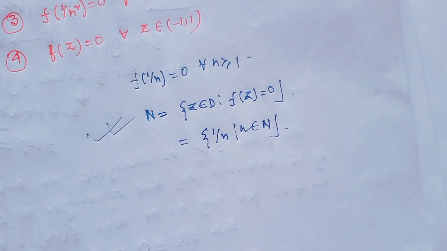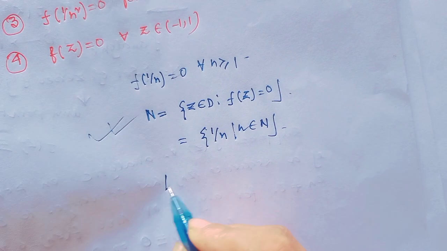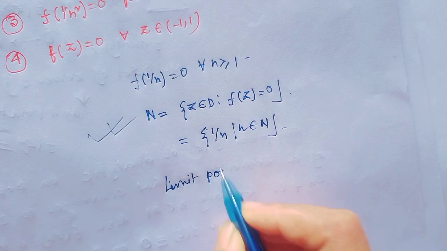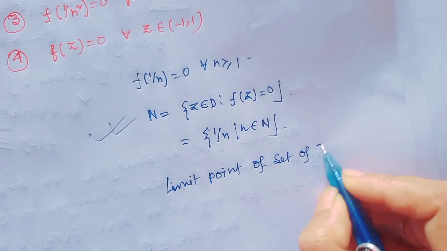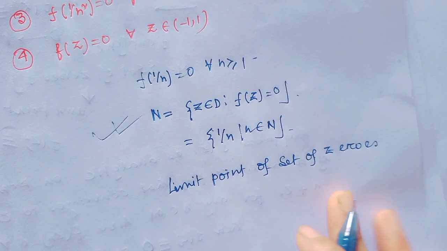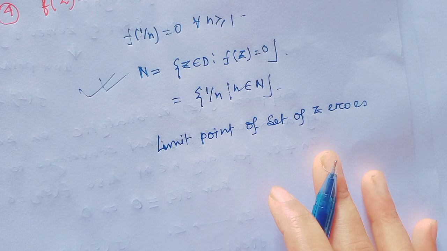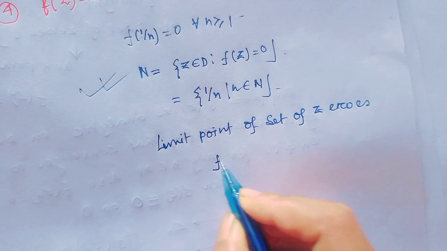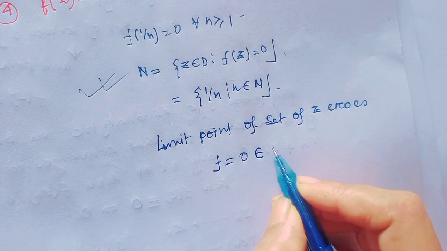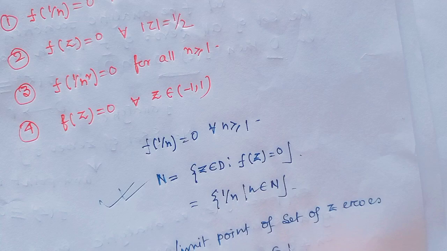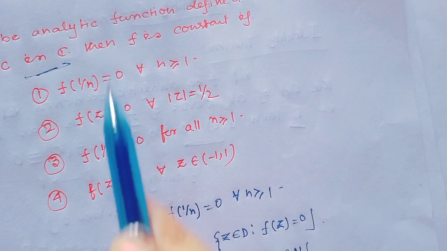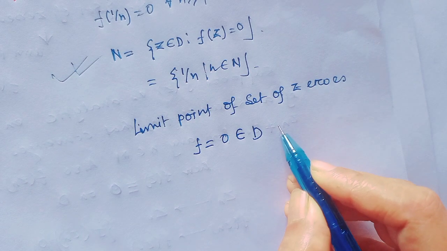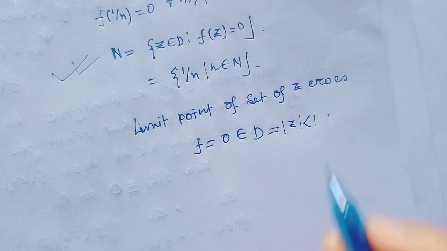This is the zero set, and the limit point of the set of zeros is 0, which belongs to the domain D, because f is an analytic function defined on an open disk, where D is mod z less than 1.